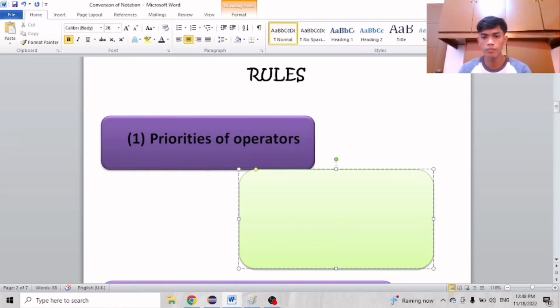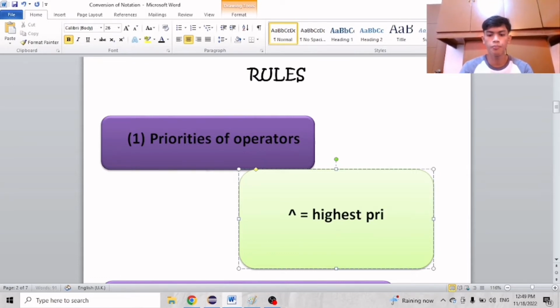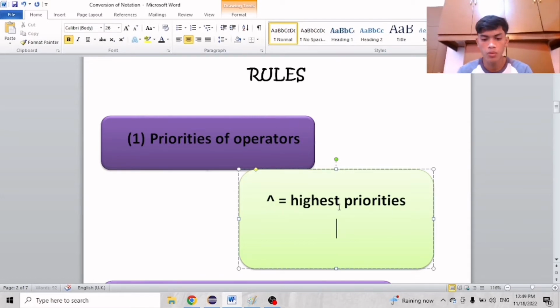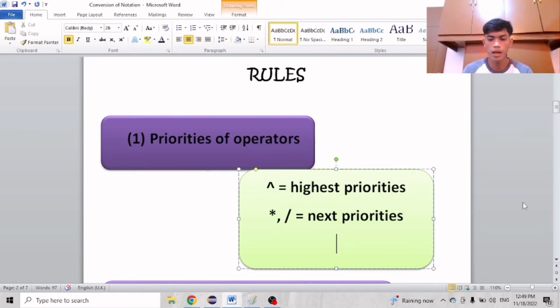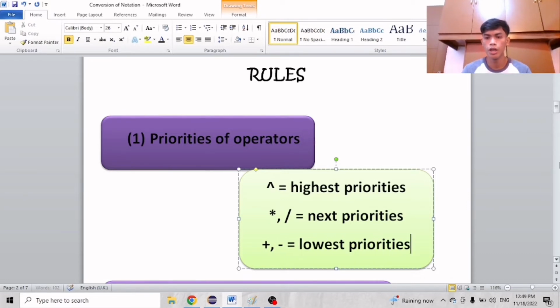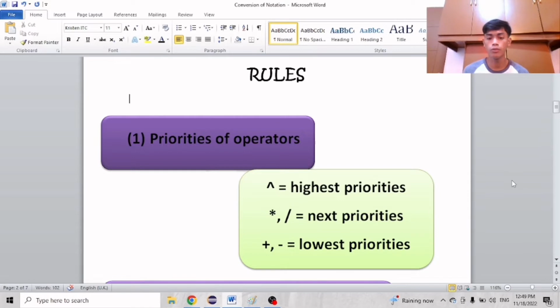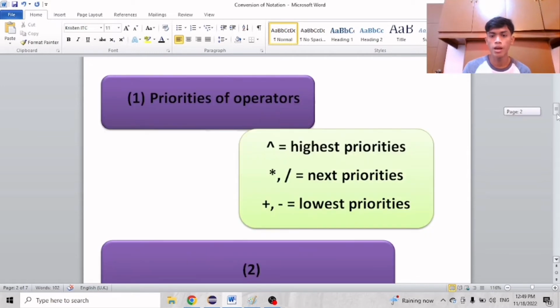First, the exponent is the highest priority. The next are multiplication and division, which are the next highest priorities. And lastly, addition and minus are the lowest priorities. It means that we don't need to put the plus to the upper side, because plus and minus are the lowest priorities.